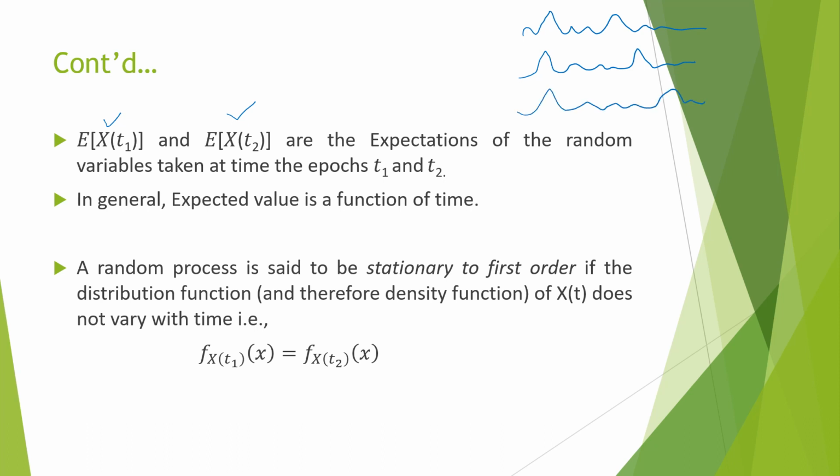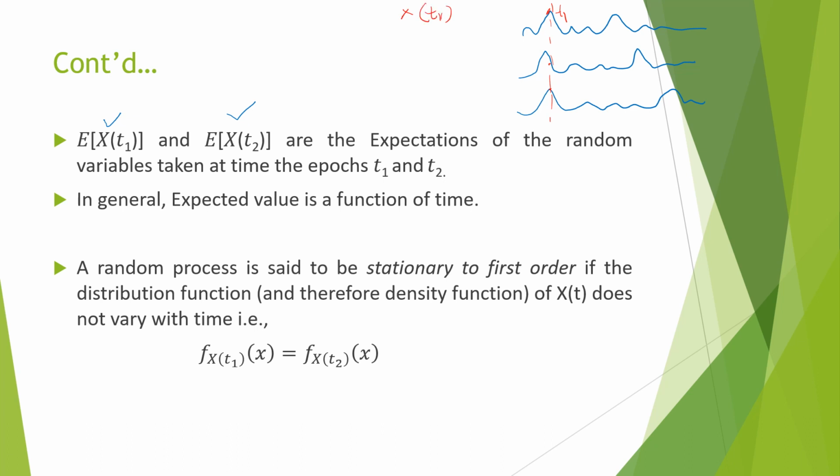We know that in a random process, the sample space is mapped onto the time functions. Now if this is the random process and at time t1, I draw it with a red line here, at time t1, these points constitute one random variable, taken as X(t1).